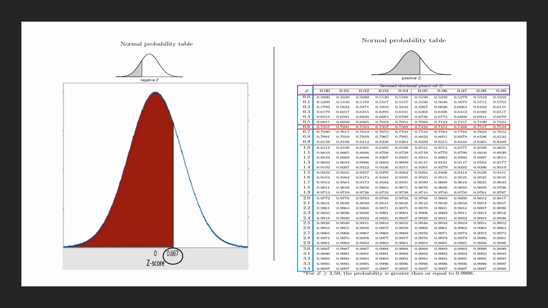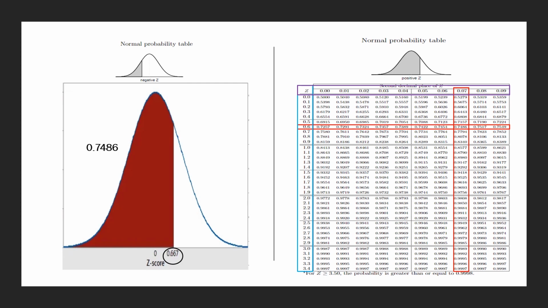The first red rectangle shows us the first decimal point of this z-score, and the second red rectangle shows us the second decimal point. The point of intersection yields a value of 0.7486. This 0.7486 is the probability of data that lies below a z-score of 0.67.